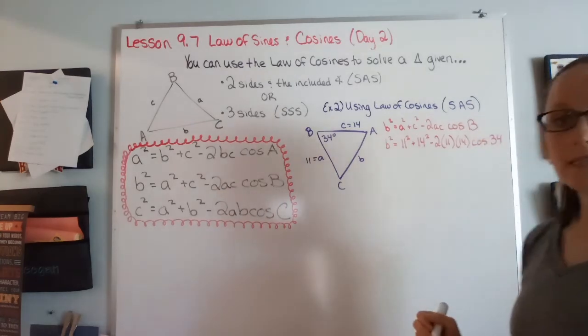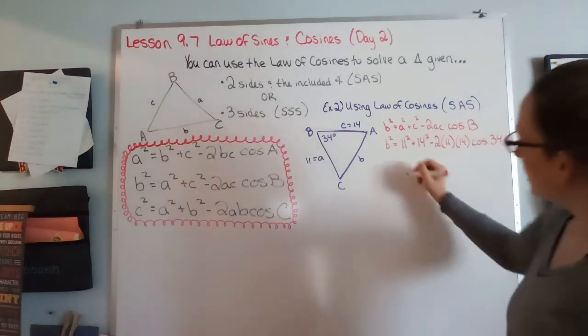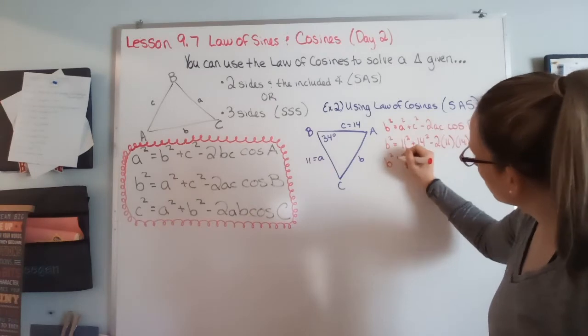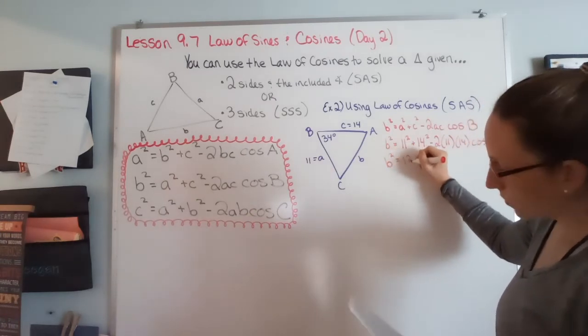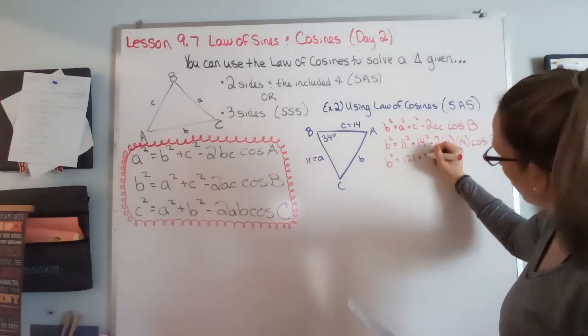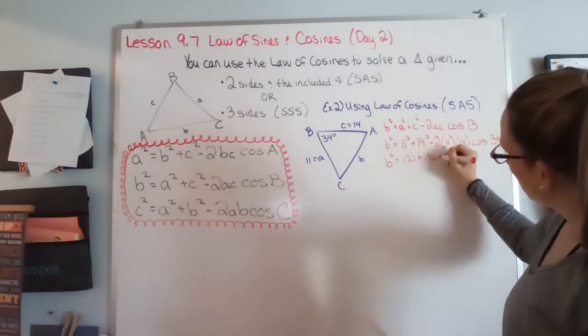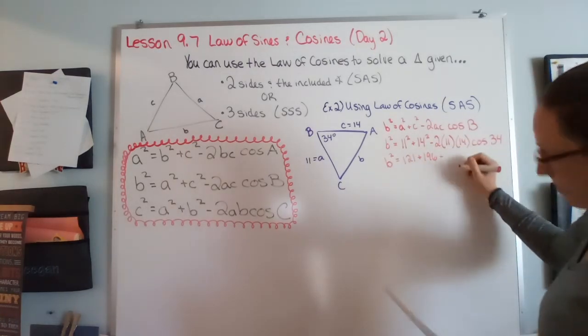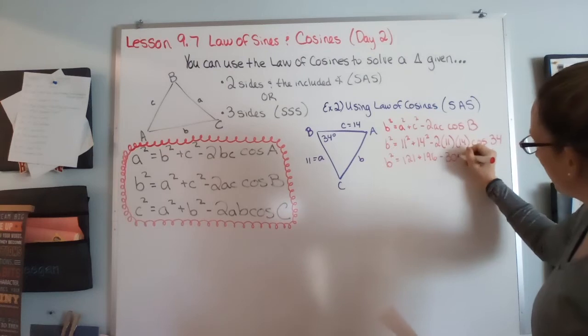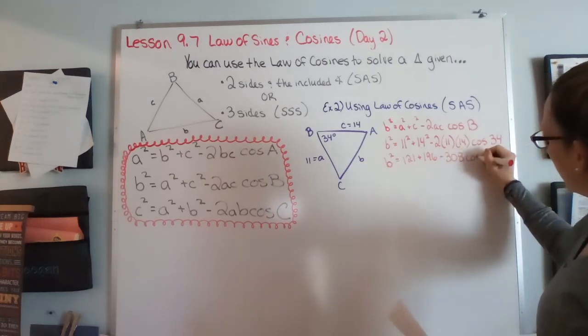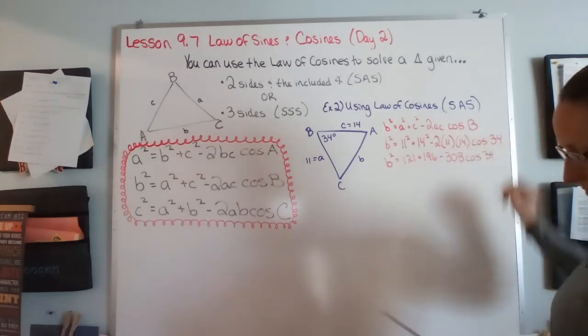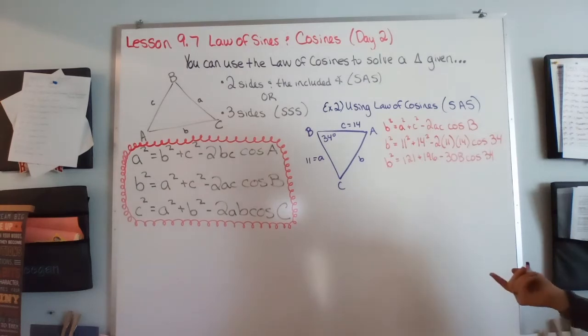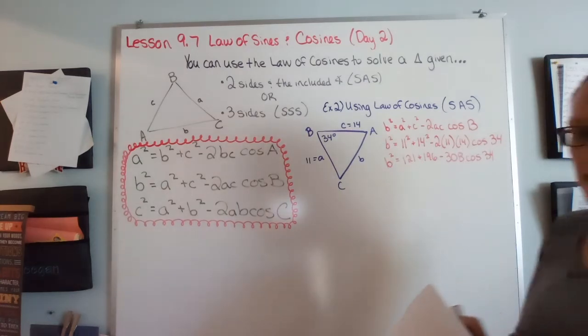We'll clean this up a little bit before plugging it into our calculator. So I have b squared equals 121 plus 196 minus, when I multiply, I get 308 cosine 34.